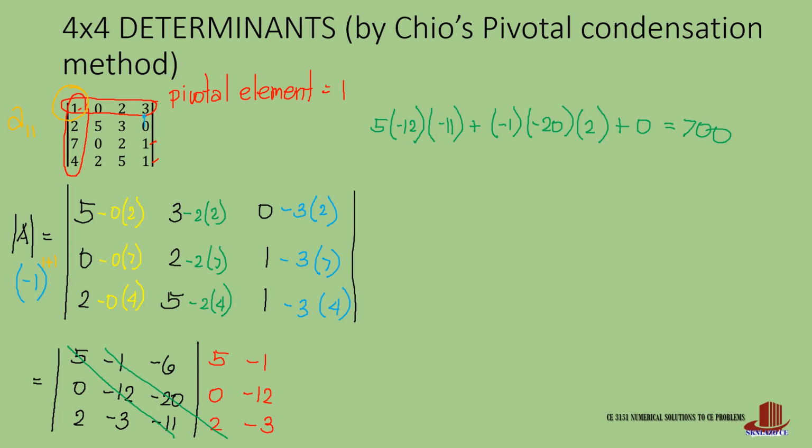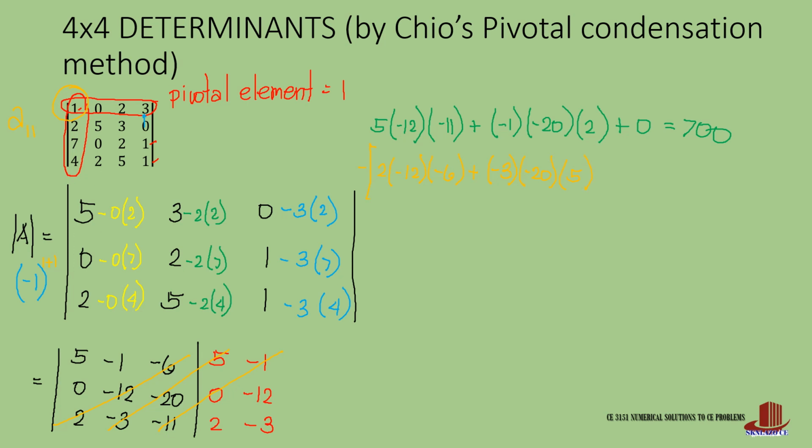Next, let's check on our negatives. So first, we would have 2 times -12 and -6. Then we would have -3 times -20 times 5.